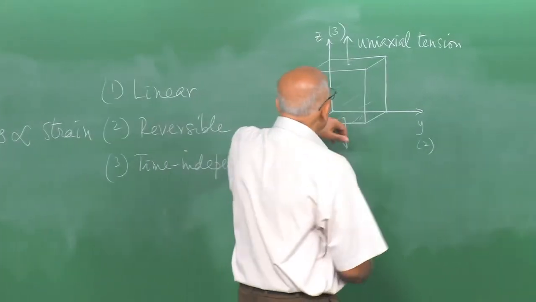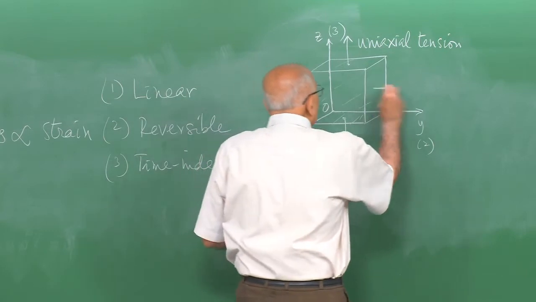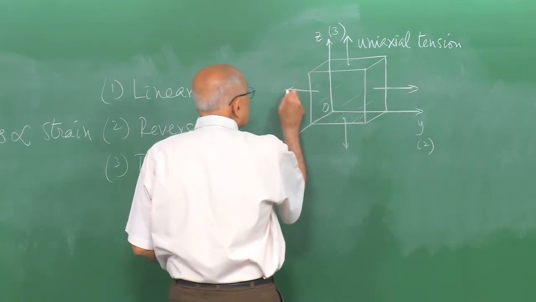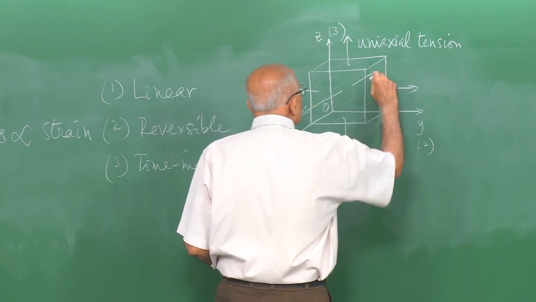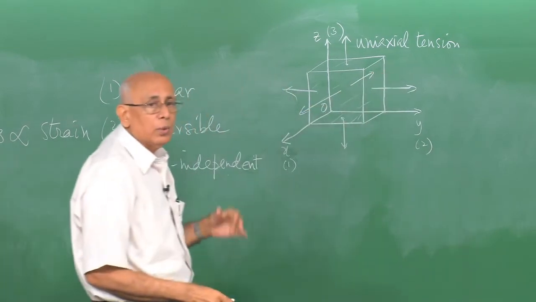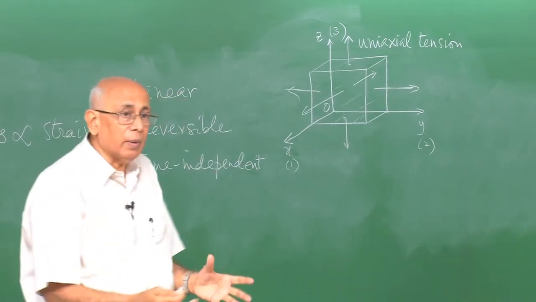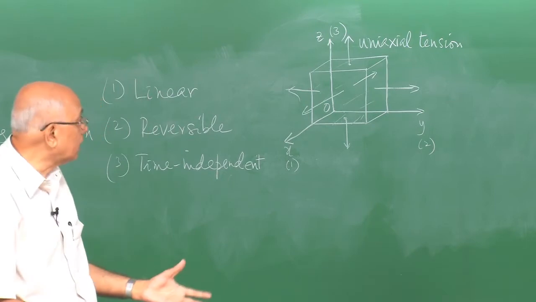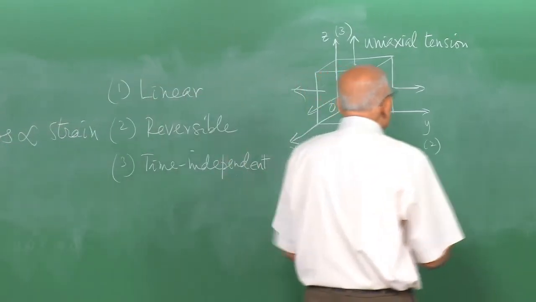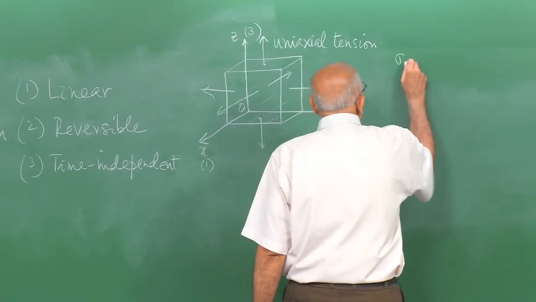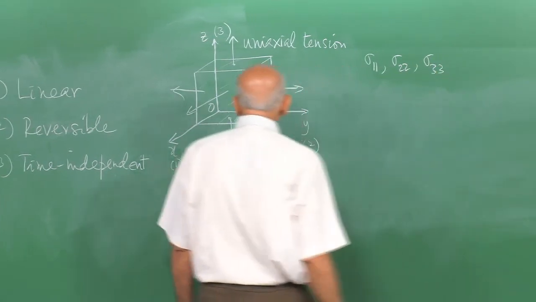So you could have a uniaxial tension along the 3 direction, or similarly along these directions, or for that matter you can come out of the board and go in this fashion. So along the 1, 2 and 3 directions you can have uniaxial tension, or a combination of 2, biaxial if it's along 2 axes, triaxial if it's got all the 3 axes, and so on. And the stresses corresponding to it I am going to call sigma 1 1, sigma 2 2 and sigma 3 3.